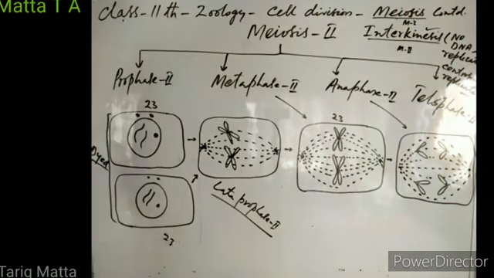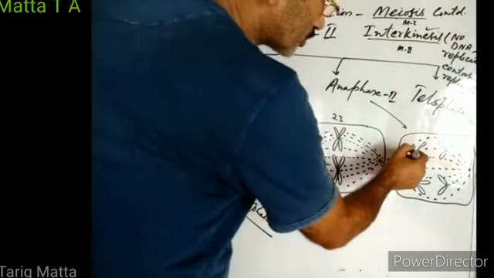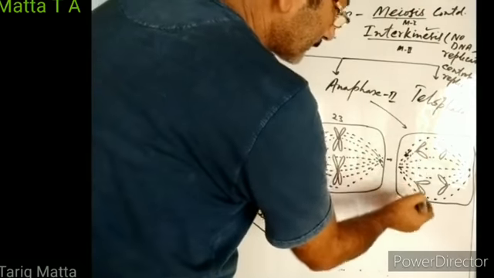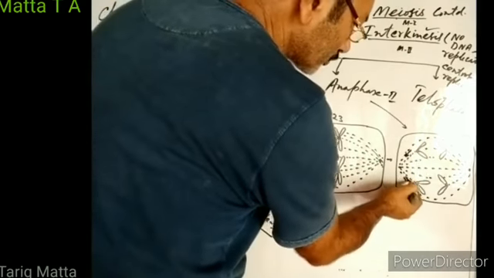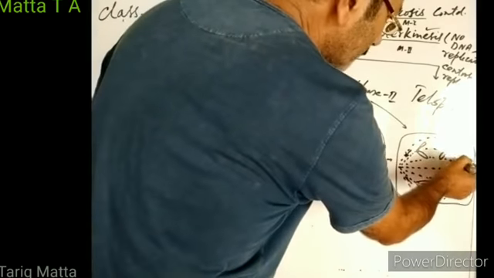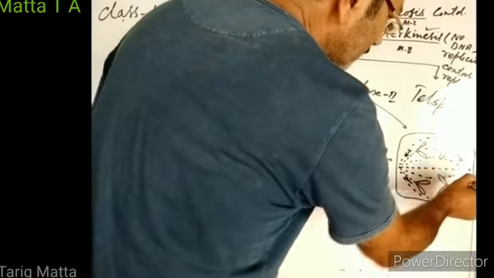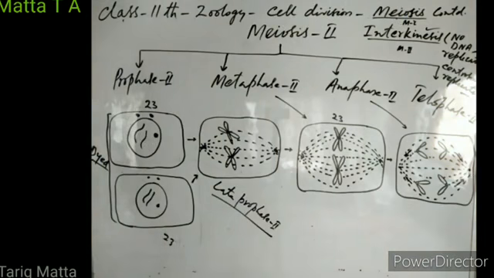So in anaphase second, the kinetochore spindle fibers are shortening and pulling the chromosomes towards two opposite poles of the cell. They generate pressure.